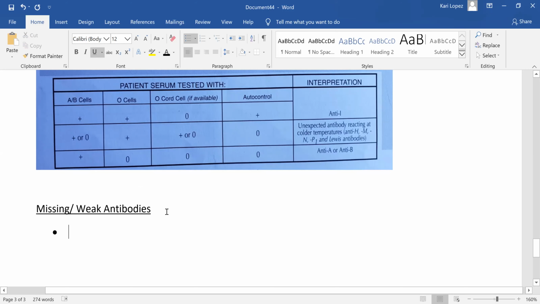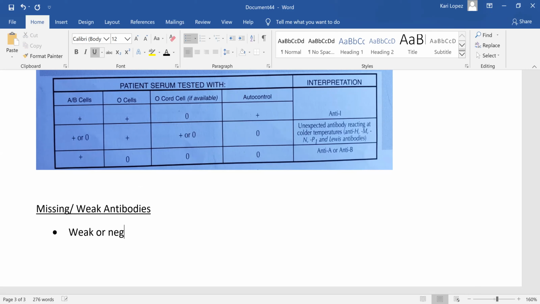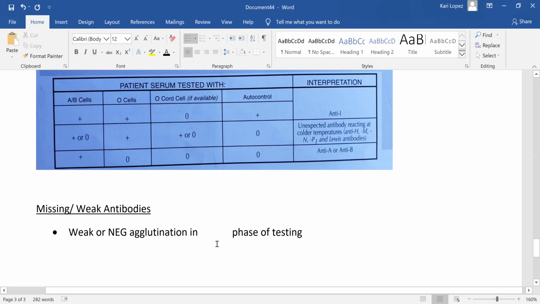So your missing or weak antibodies will come up as either weak or negative. And is that going to be in the forward or reverse typing? Reverse, yep, because we're talking about antibodies right now.